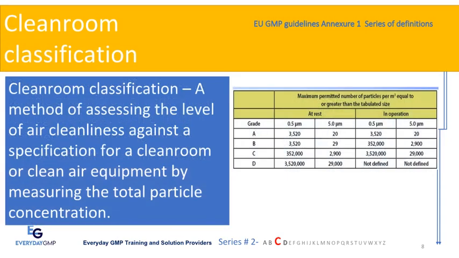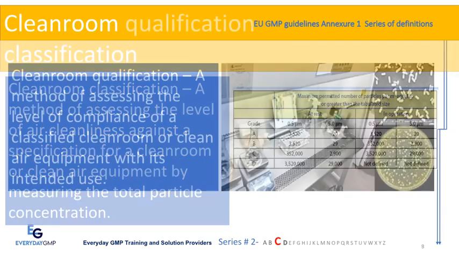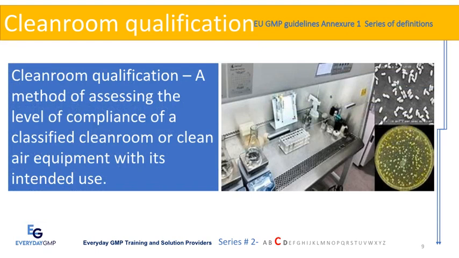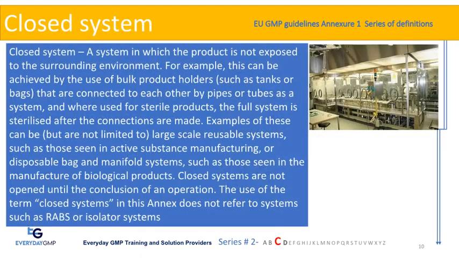Clean room classification: a method of assessing the level of air cleanliness against a specification for a clean room or clean air equipment by measuring the total particle concentration. Clean room qualification: a method of assessing the level of compliance of a classified clean room or clean air equipment with its intended use.